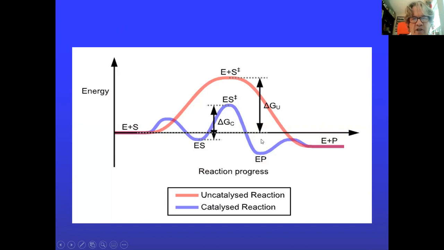And then you get products. Actually, this would probably be a reaction without a catalyst, so no E here, just substrate going to product. But an enzyme will often do this by changing the intermediates in the reaction so that they're all lower energy states.